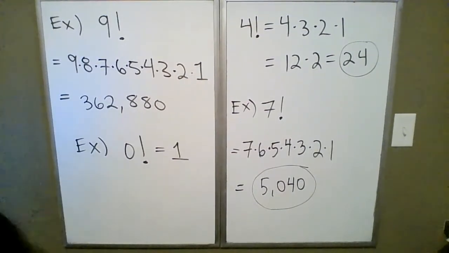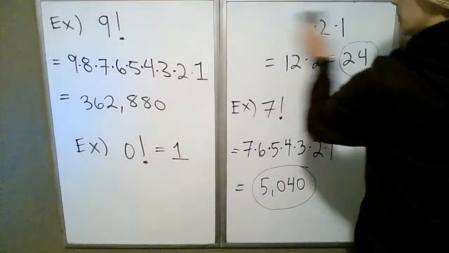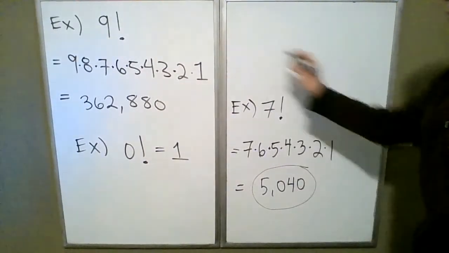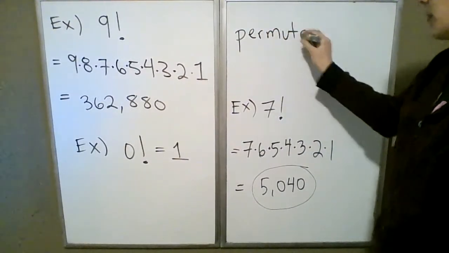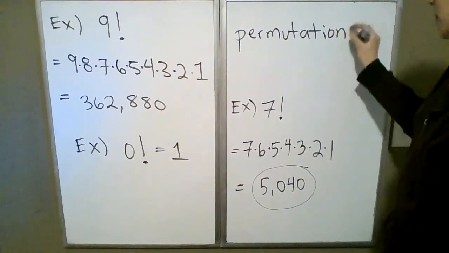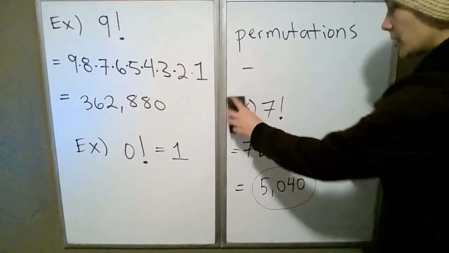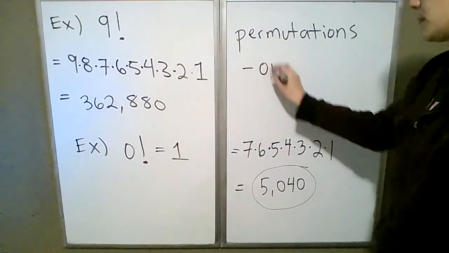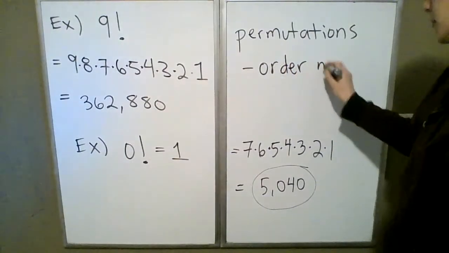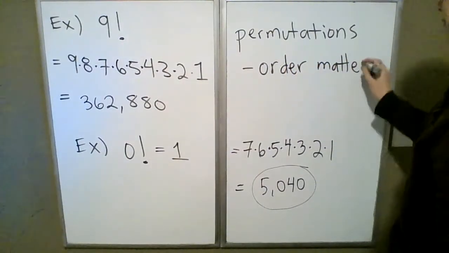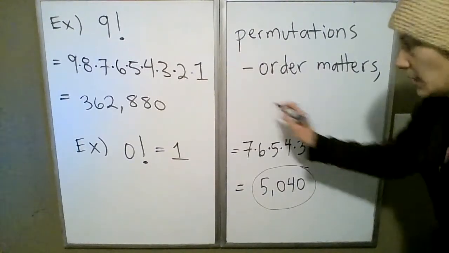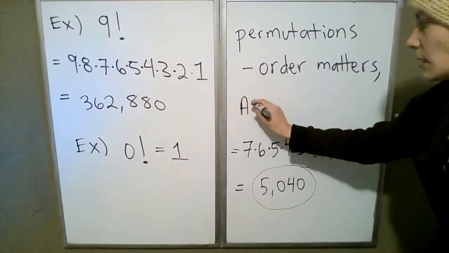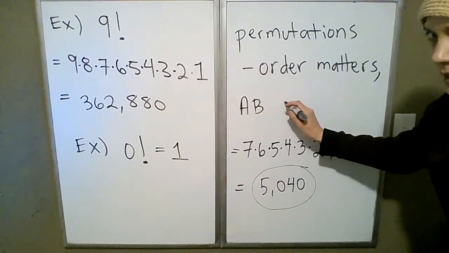Okay, let's write it down. Permutations: the order matters. So let's say you have some event AB, it's different than the event BA.